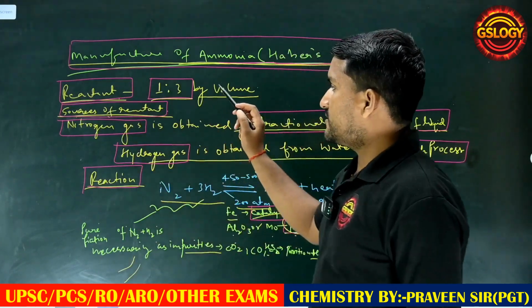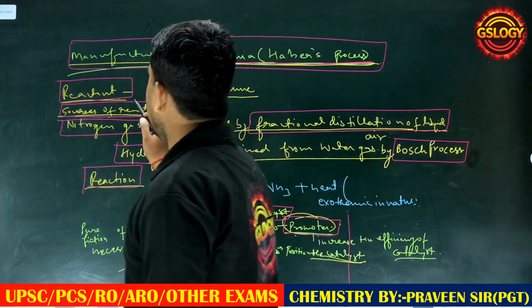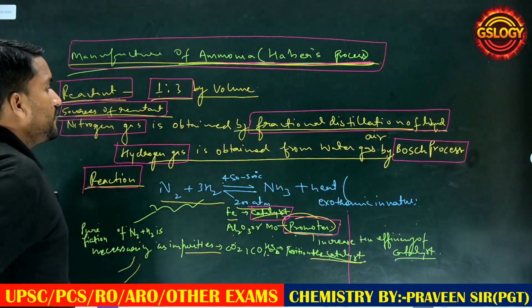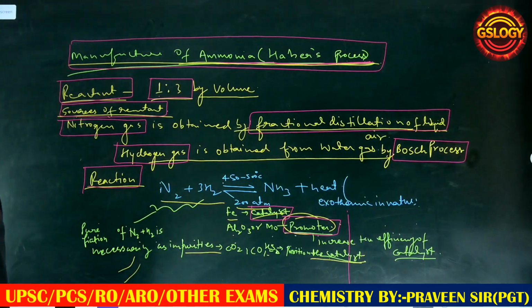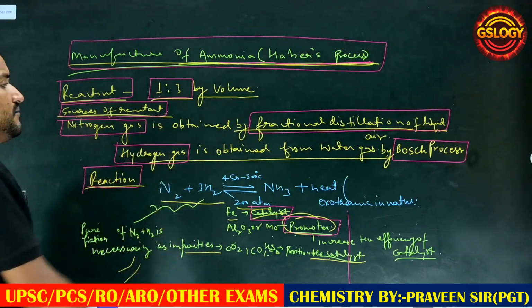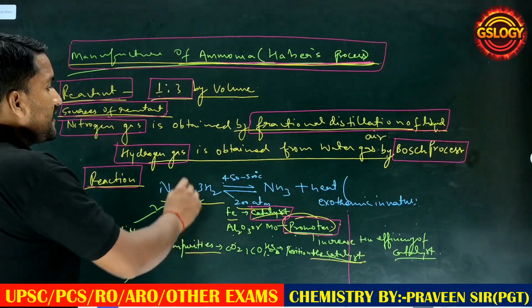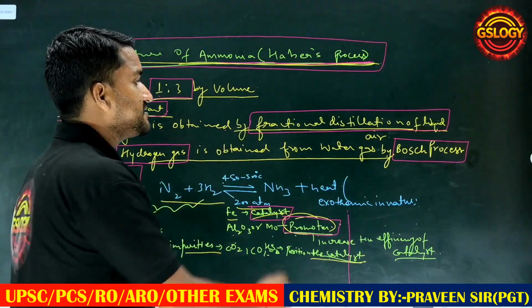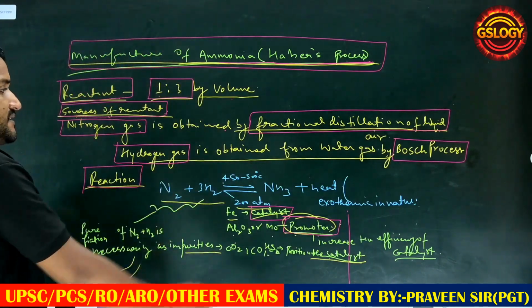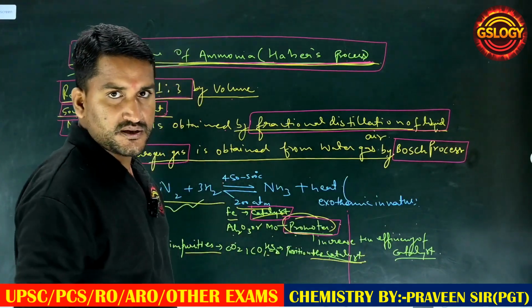The reactants used are nitrogen and hydrogen, in the ratio 1:3 by volume. And what is the source of the reactants? Nitrogen gas is obtained by the fractional distillation of liquid air, and hydrogen gas is obtained from the water gas by the Bosch process.